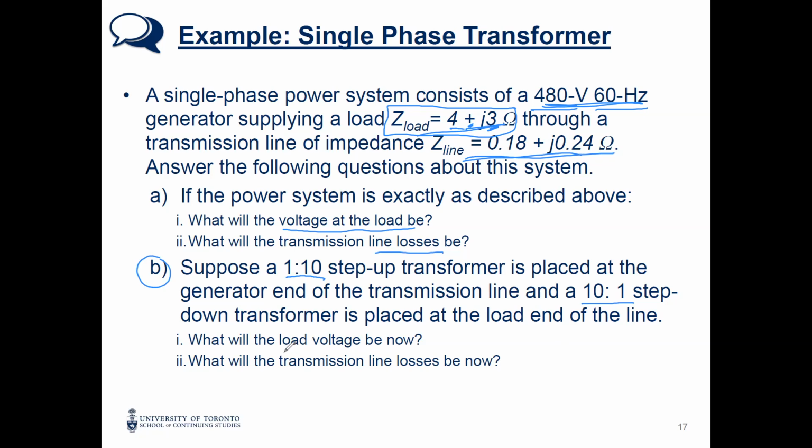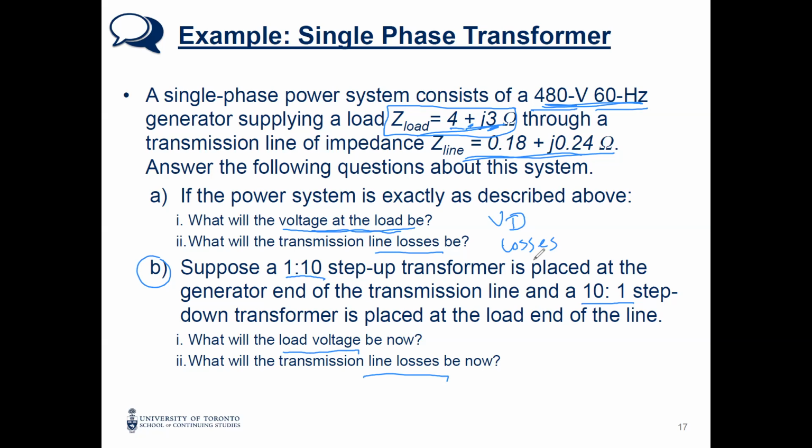And then check again the voltage at the load and the losses. This is a very, very important example to show you how important the transformer is for the system. The voltage at the load tells you the voltage drop, and the losses show the importance of AC compared to DC.